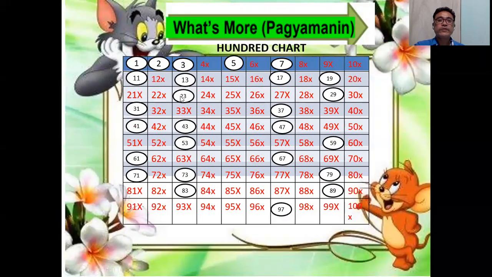Let's take a look at the answers. Circled 1 is neither a prime nor a composite number because it is considered a special number. Numbers in red ink and with X are examples of composite numbers.